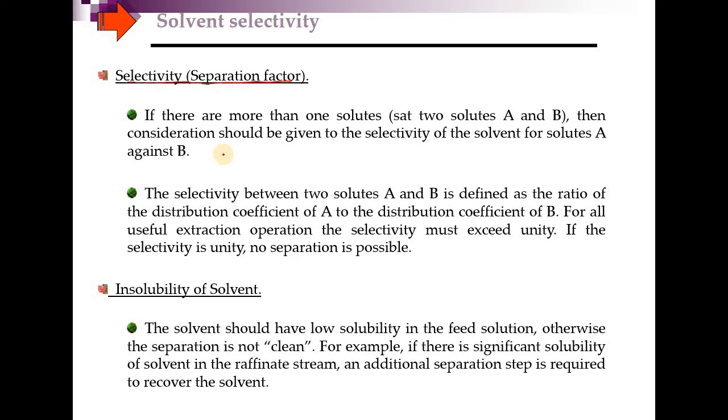Selectivity of the solvent is defined as the ratio of the distribution coefficient of A to that of B. For example, if we have components A and B and we want to separate A from B using C, you should choose a solvent that is more soluble for solute A. You want solute A, so you should choose a solvent that is more soluble for A but not B. So you have to choose based on your preferred component.